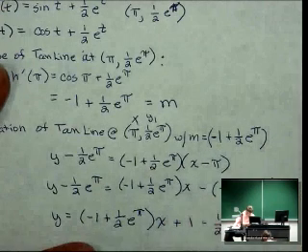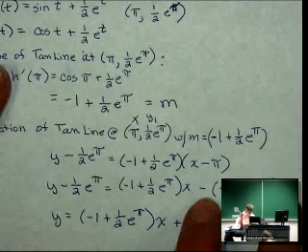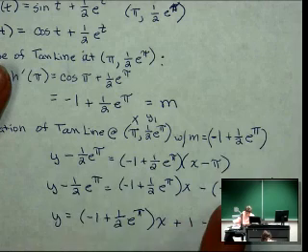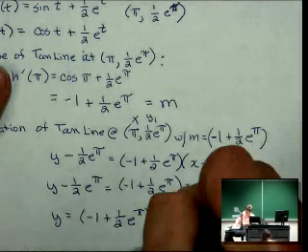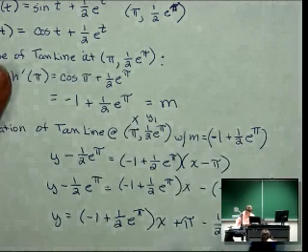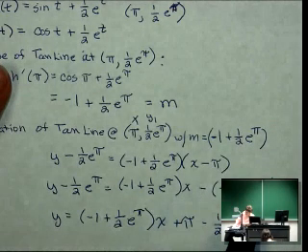Not only should I distribute negative 1, I should distribute it to negative 1 pi. Negative 1 pi times negative 1 is positive 1 pi. And negative 1 pi times that.